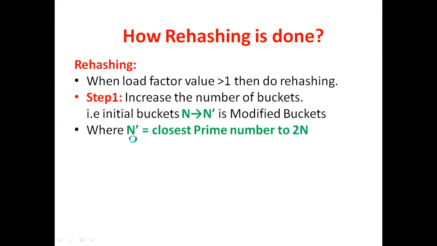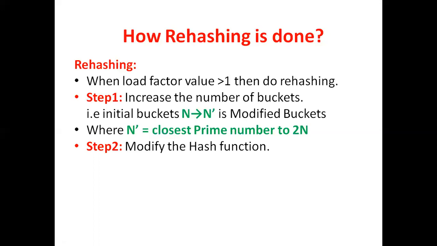How to calculate n dash? Our capital N, the total bucket size, is multiplied by 2, doubling the array size. That value is n dash. In that value we have to find the closest prime number to 2n, which may be greater or less than it.